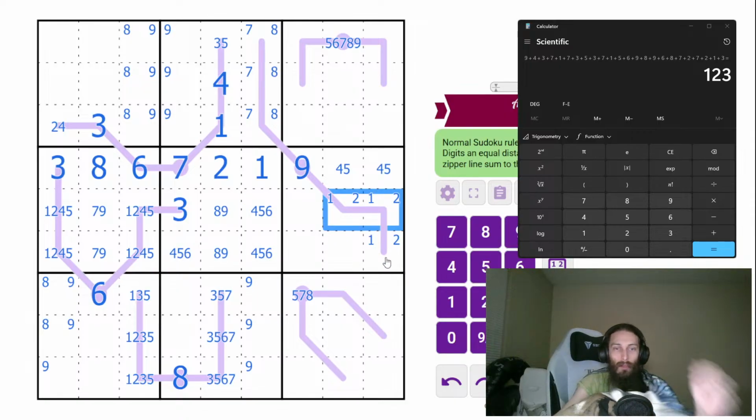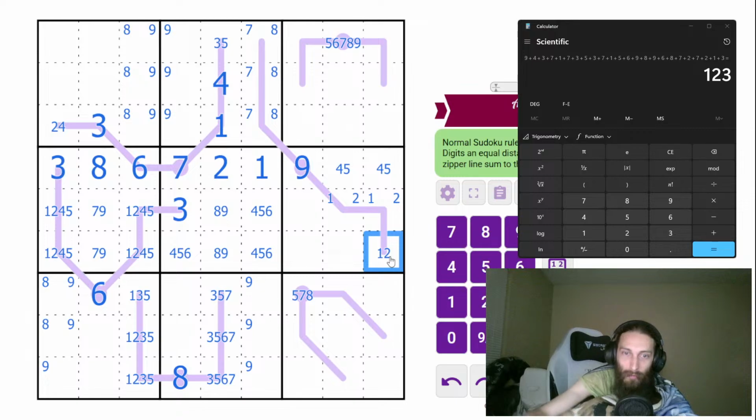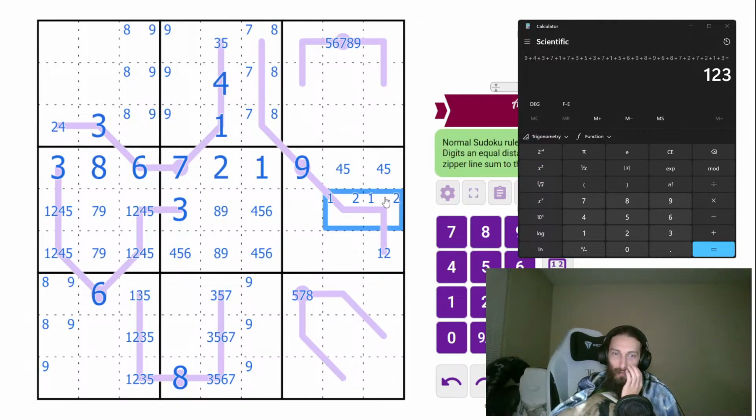These two cannot be a 1, 2 pair, so this one is 1 or 2. These two can't be the 1, 2 pair, because over here, these two have to sum to 6, which requires a 1, 4, or 2. So if those were both of them, then 4 and 5 sums to 9, not 6. Unless we're upside down.